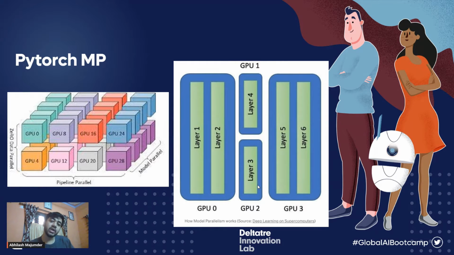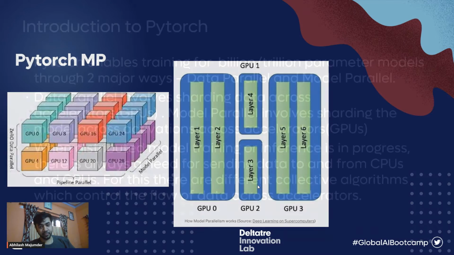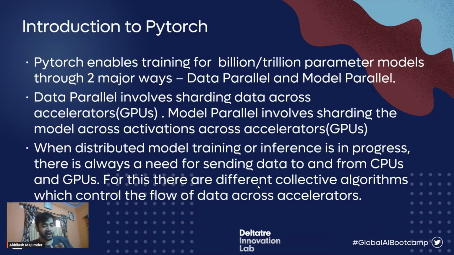NCCL, that we saw, is now used over here to ensure that your chunks of data from your different layers get offloaded quickly, and do not bottleneck any part of your network that is doing the communications between the different layers or different GPUs, efficiently. So model parallel is a very interesting thing, and it is the way you can actually shard off parts of your model and effectively perform compute operations way faster across your GPUs.